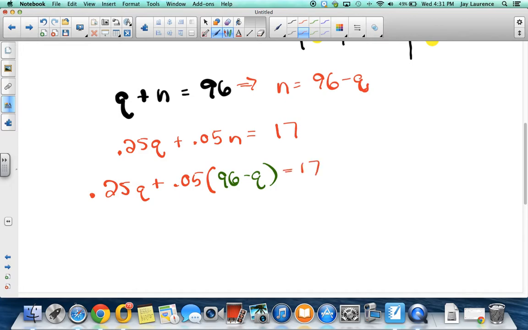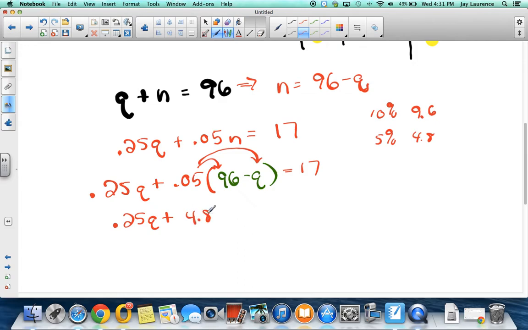Then I'm ready to distribute here, right? And so I'm going to get 0.25Q plus, let's see, 10% would be 9.6. So 5% would be half of that. I'm thinking 4.8. Yeah.